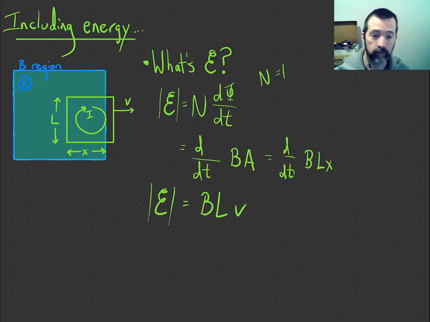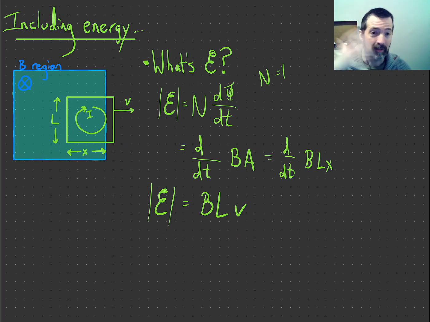Now, this result, just as a side note, is something that we already saw when we were talking about the Hall effect. If you have a conductor moving through a magnetic field, the magnetic forces on the charged particles inside the conductor produce a potential difference that polarizes the conductor.